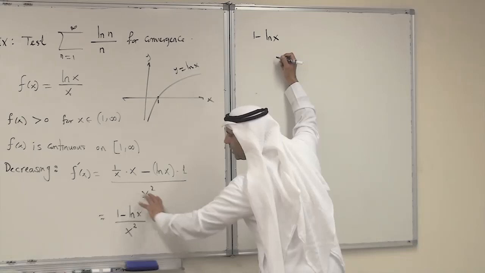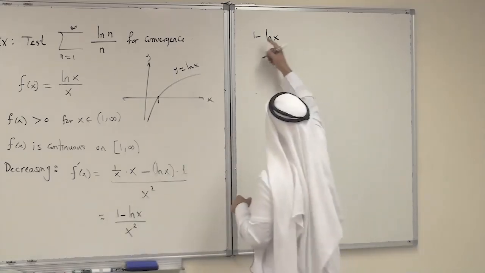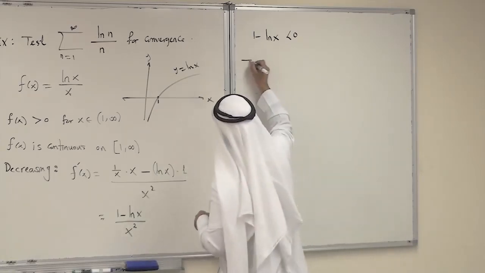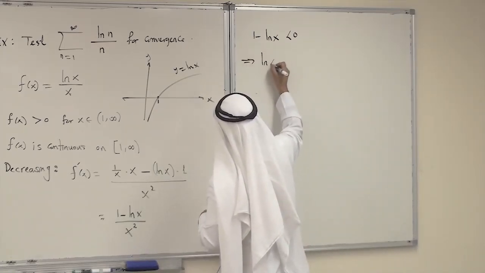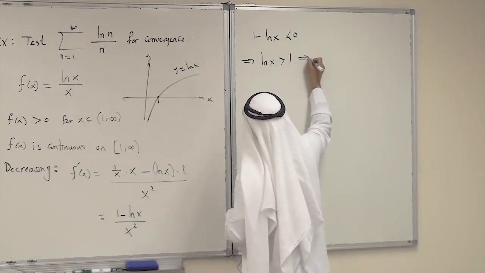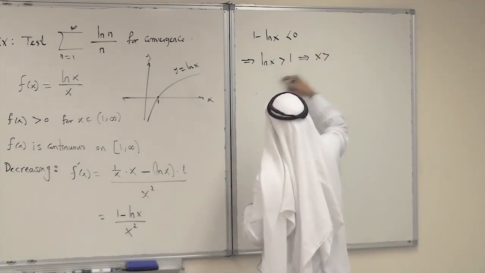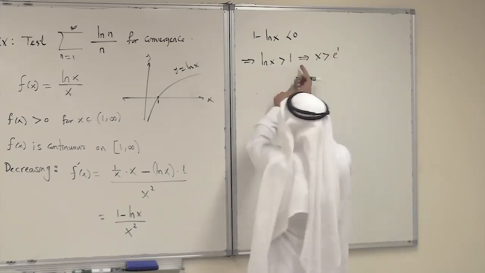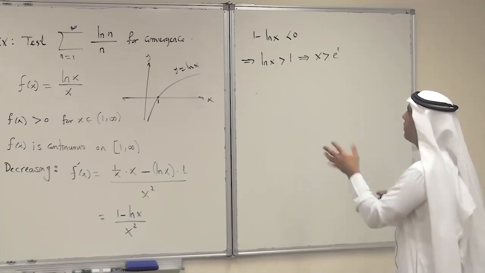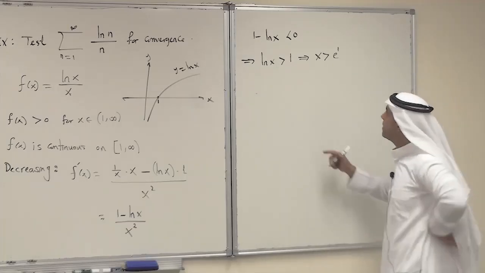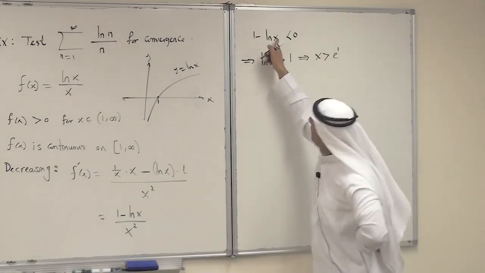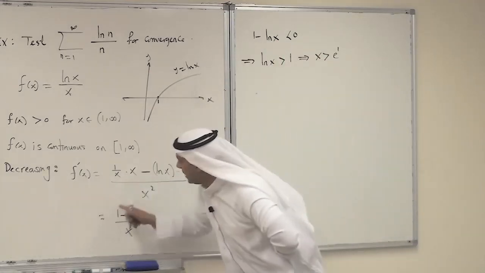So we need to see when this is negative and when it is positive. 1 minus ln of x less than 0 implies ln of x greater than 1, and this implies x must be greater than e to the power 1. Because the exponential is an increasing function, you can take e to both sides: e to the power ln of x greater than e to the power 1. So for x greater than e, this quantity is negative, which means the derivative is negative here.